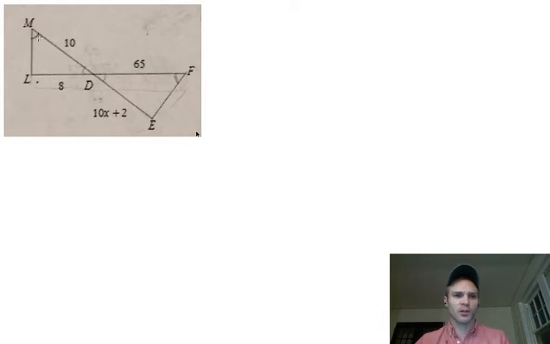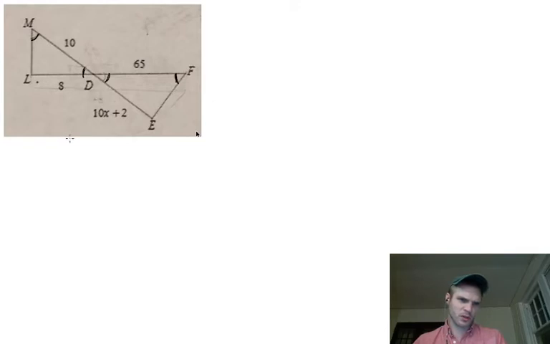I don't know if this is the user's markings on the diagram here, but this angle is vertical, so it's congruent to that angle. And then this must be given. I believe this is given. So they have that these two angles are congruent. Maybe they drew that in.